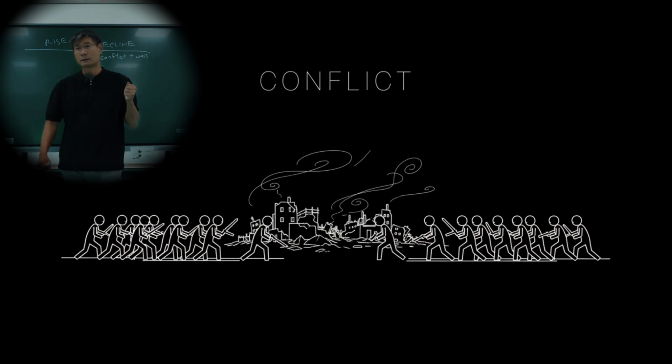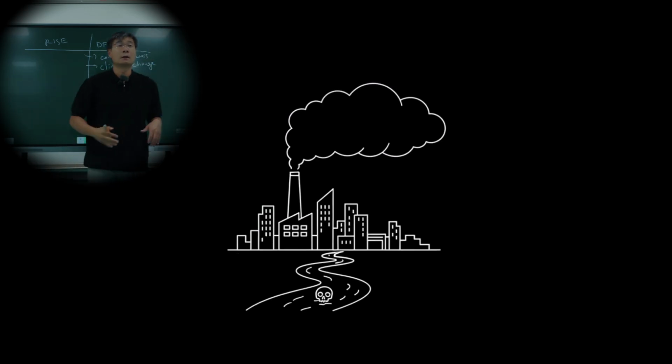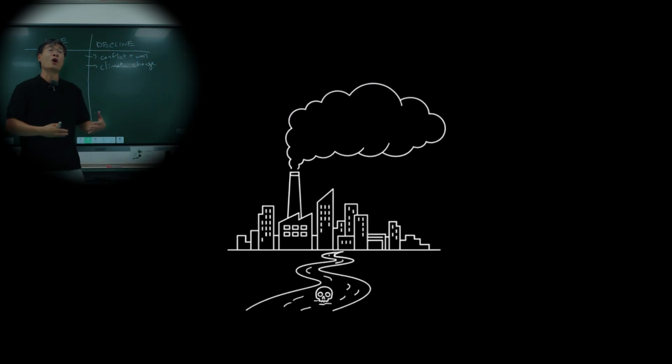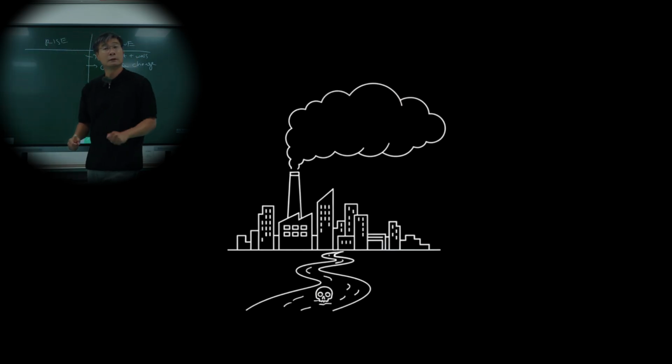What are some other signs? Environmental issues. Good, yes. So you have climate change. Okay, we are putting too much pressure on the environment, so the air, the water, the land is becoming much more toxic. Okay, good. What else? Employment rate.